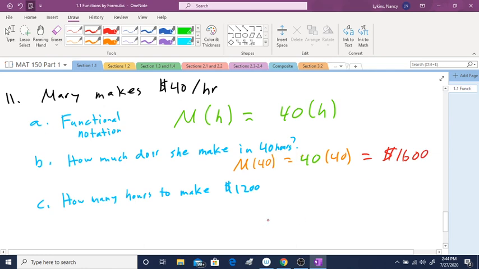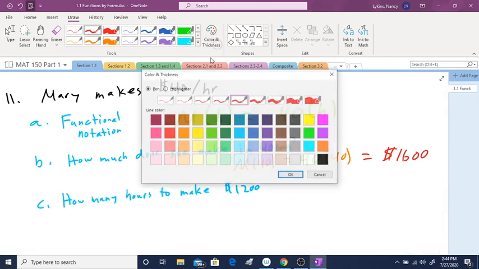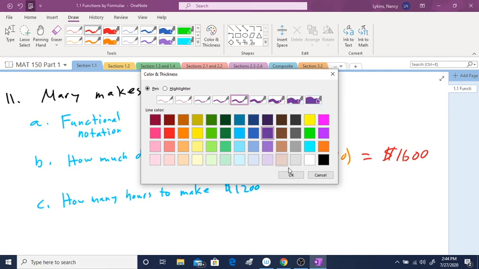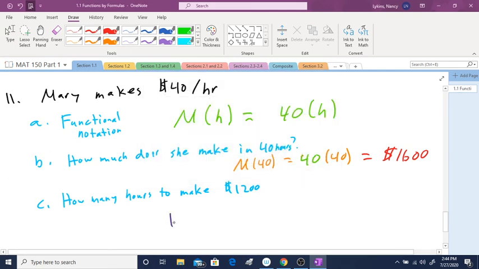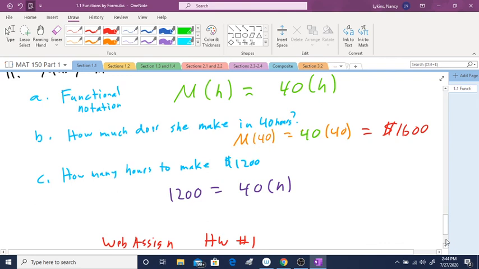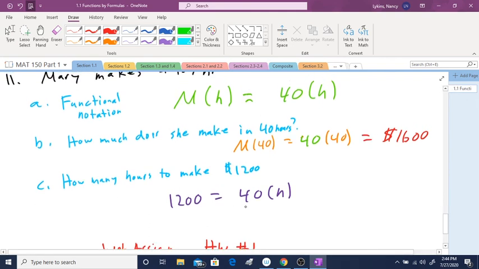And finally, how many hours will it take her to make $1,200? Well, in this case, we're going to do reverse. The money we already know. This is starting to understand formulas. So you've got 1,200 equals 40H. That means how many hours will it take us if we make $40 an hour to get 1,200?